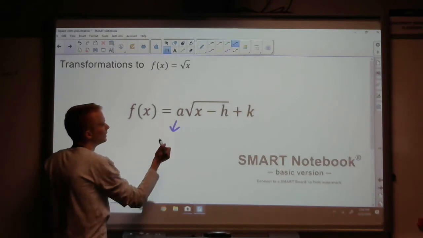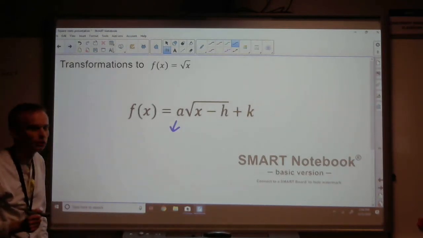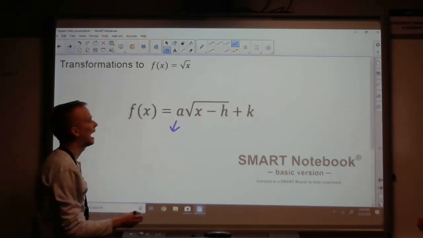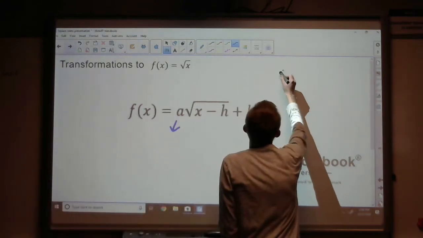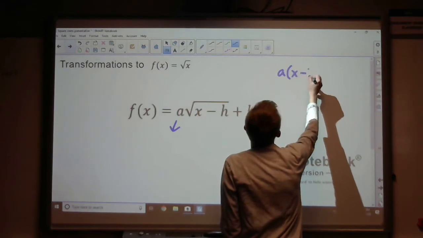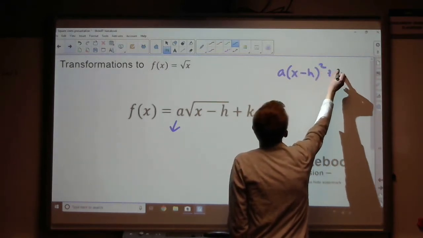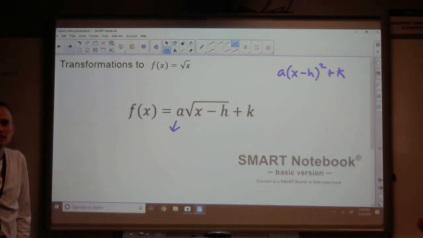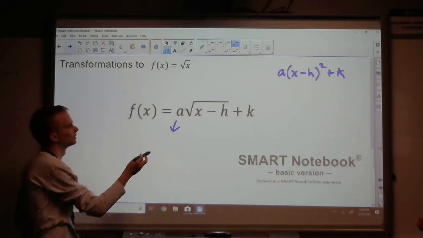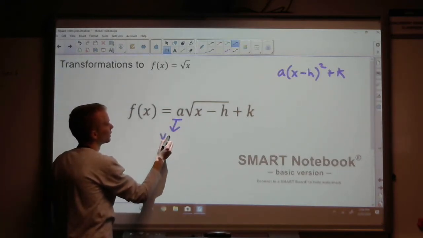Well, a is going to stretch things out, okay? This is kind of like in our vertex form of a parabola, we had something like this, right? And the number in front of the square, this stretched things, made them wider or tighter, right? So this is your vertical stretch.